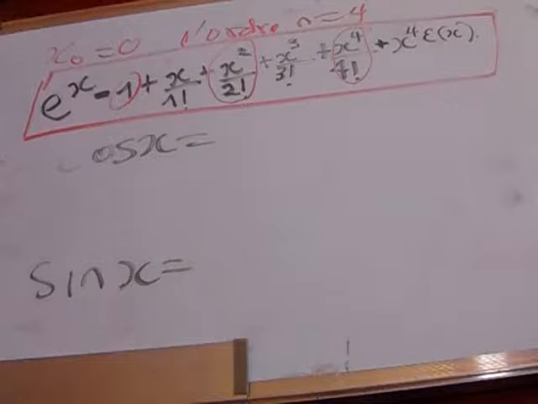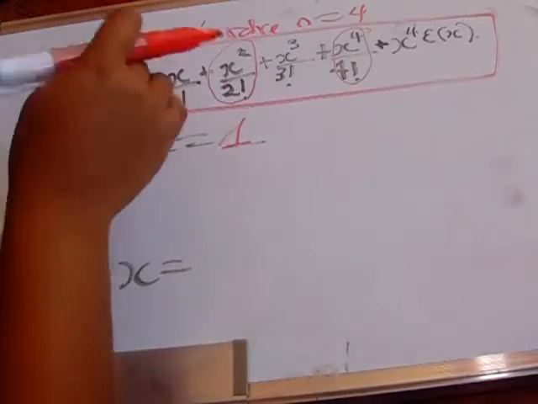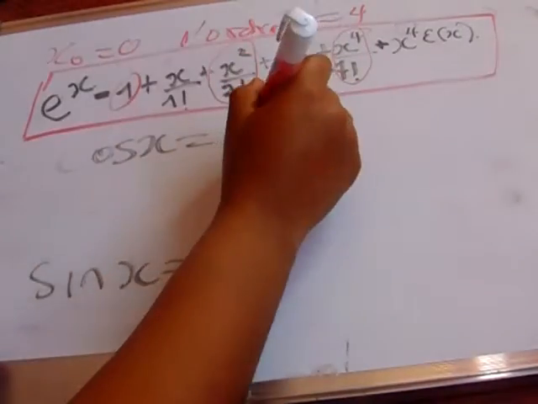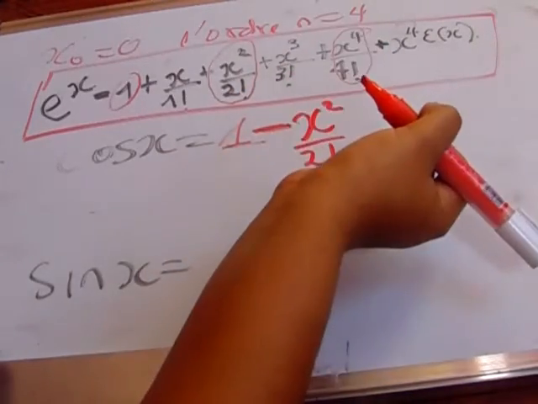That's one. Secondly, you alternate the signs. Where I see a plus, I'll start with the minus, then a plus, minus, plus, minus, plus. So you just keep alternating the signs and bringing out the even part from your exponential x. In this case, we have 1, right? Then this is minus x squared over 2 factorial.